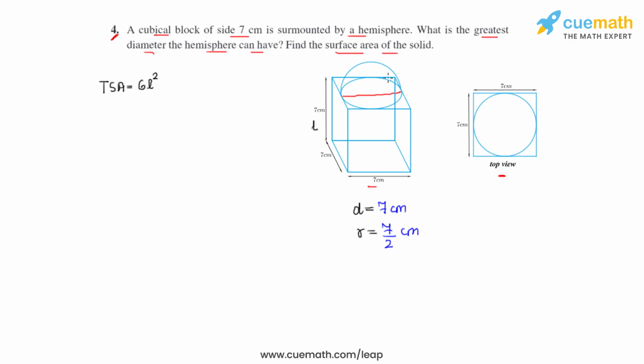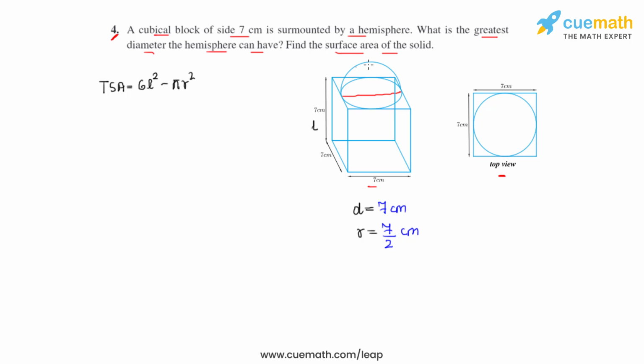But a part of the top surface of the cubical block is being covered by the hemisphere's base. So we'll have to subtract the area of the base of the hemisphere. The area of the base of the hemisphere is pi r square, as the base is a circular base, r being its radius.